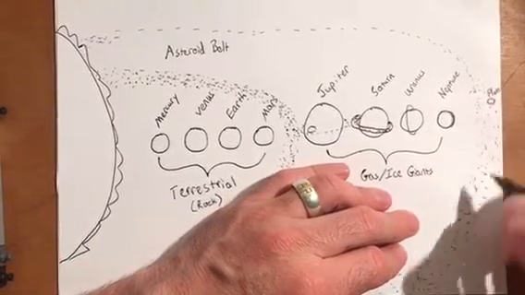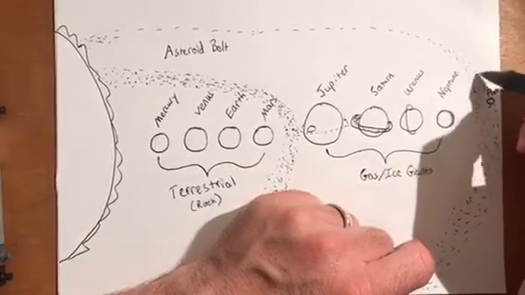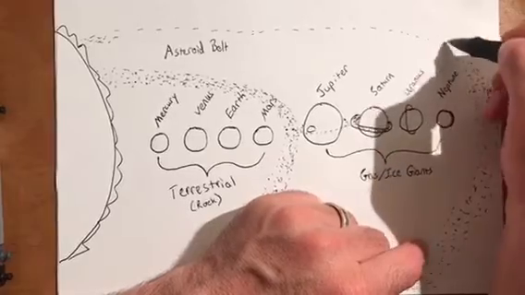Pluto, one of our most famous dwarf planets, is located in this Kuiper Belt.